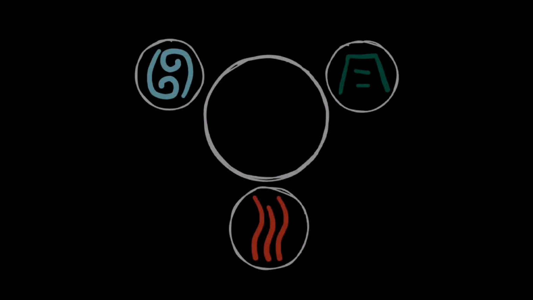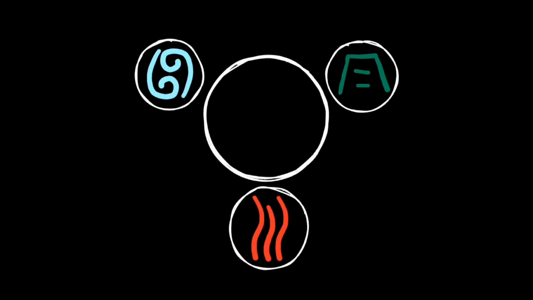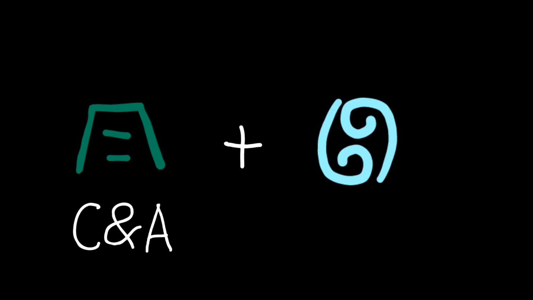Something cool about these diminished chords is that you can combine notes of them to get other types of chords. For example, if I take 2 earth notes, C and A, and these 2 wind notes, E and G, then I get this chord. Nice, soft sound, right? Maybe you call it C major 6, maybe you call it A minor 7.